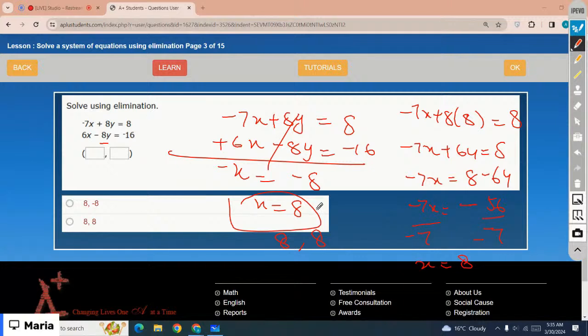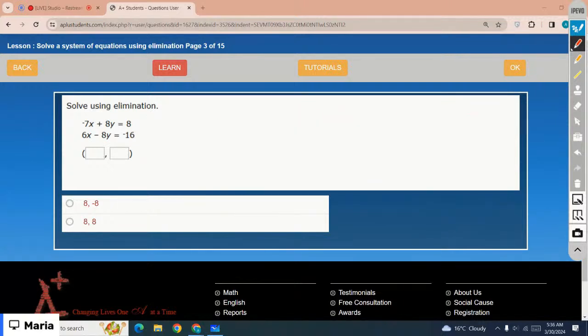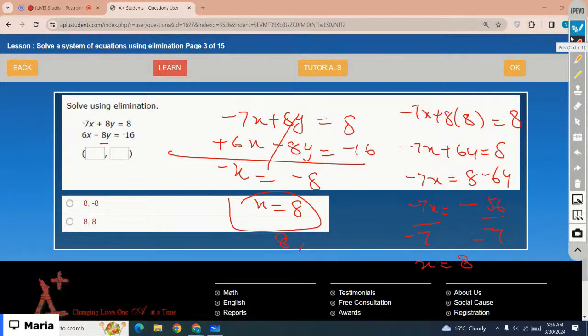So option number 2 is the correct option, right? That is the solution of the equation. You can have a look at the solution. If you have any questions, please ask.